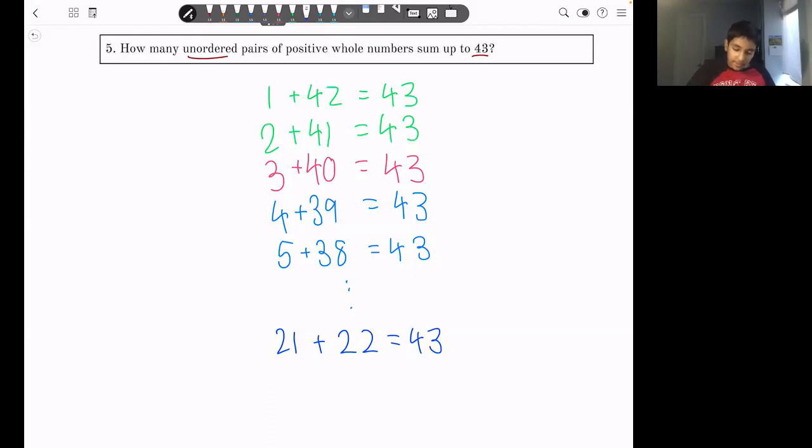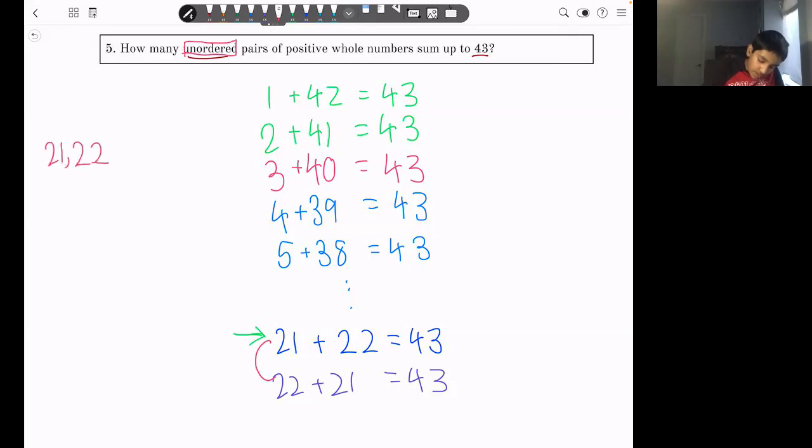So now we see that this is indeed a possibility. But if you go even further, we have 22 plus 21, which is also 43. But these are the same. There's nothing different about them, because we want unordered pairs of positive whole numbers. So having 21 and 22 is the same as having 22 and 21, since they are unordered.